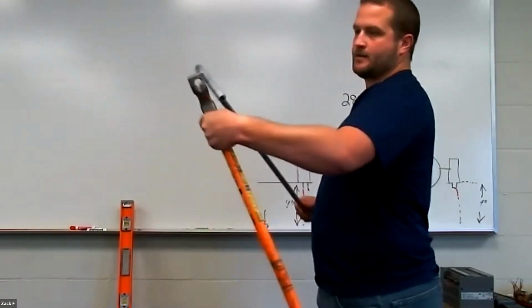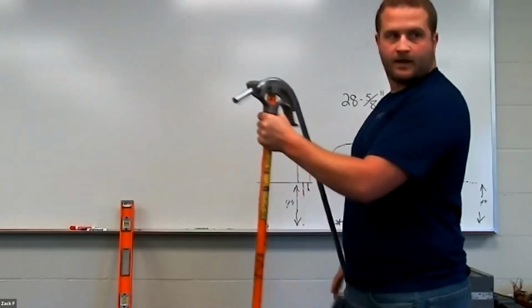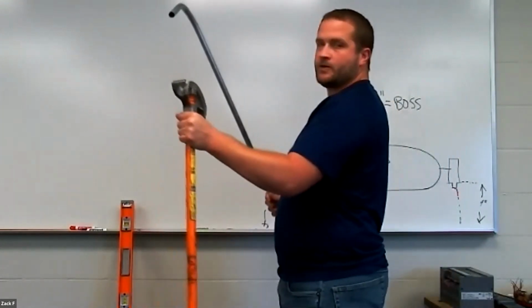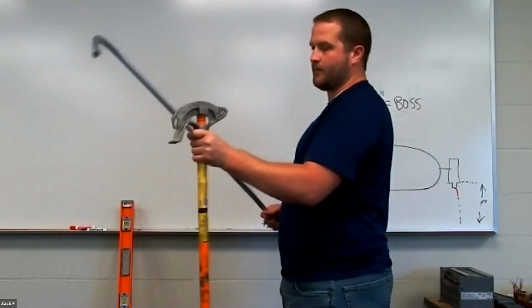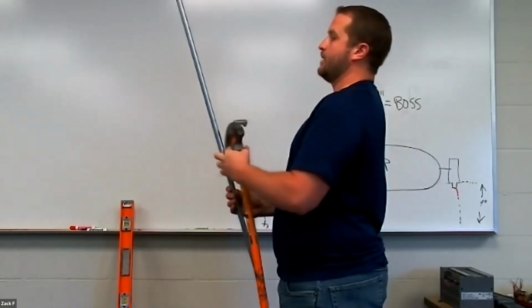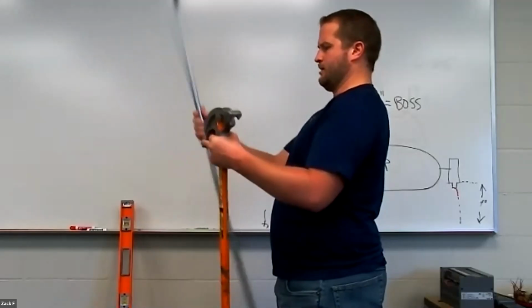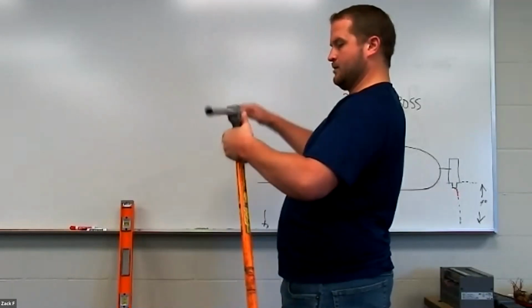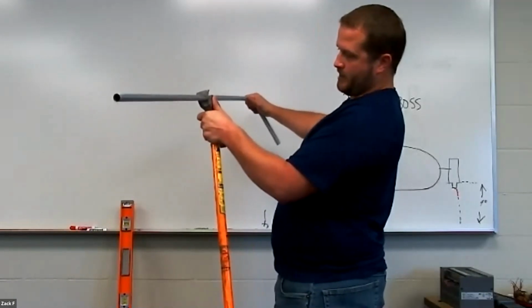So I bent this 90 like this, right? You always have the point of the shoe facing away from you, facing away from the other bend when you make your second bend. I'm going to put it there.